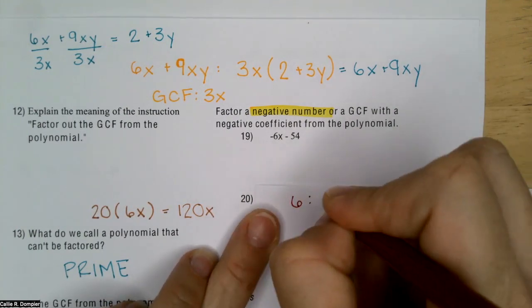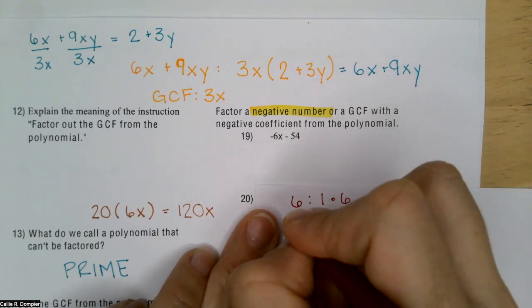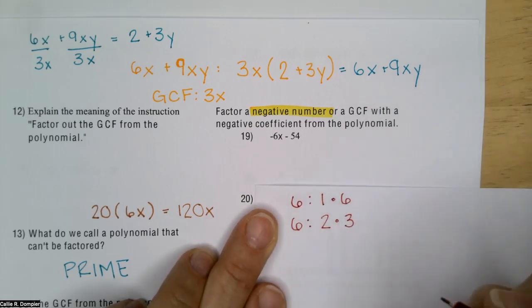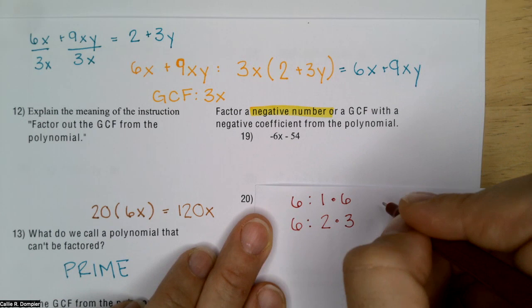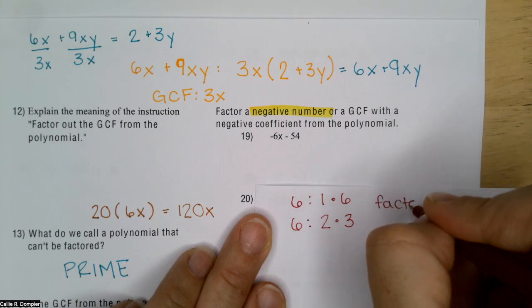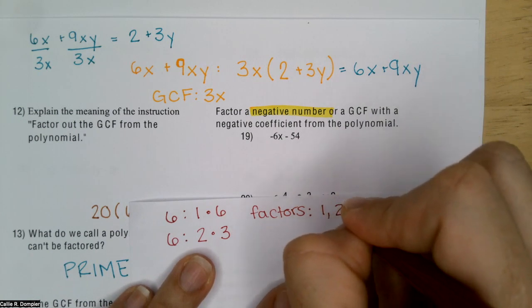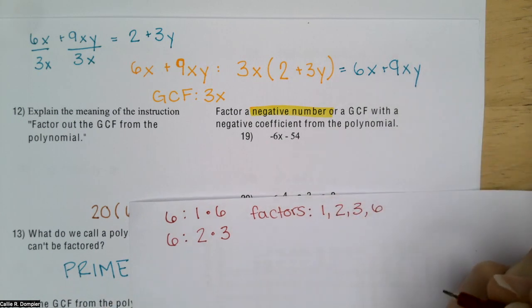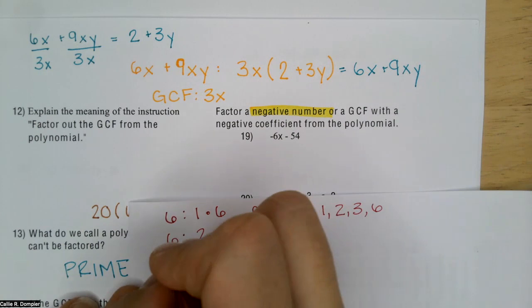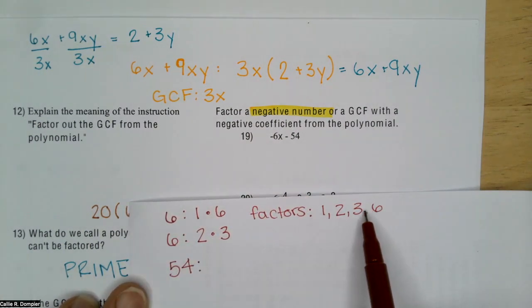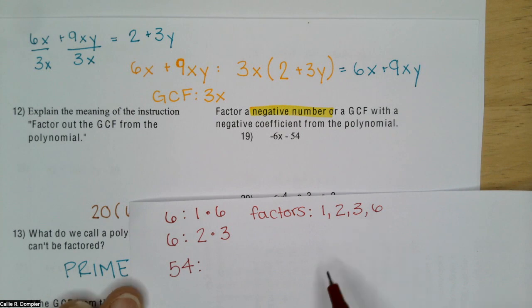6 can be 1 times 6. 6 can be 2 times 3. That's it, right? So the factors of 6 are 1, 2, 3, and 6. Now 54. We only need to check these factors. Can you divide 54 by 6?